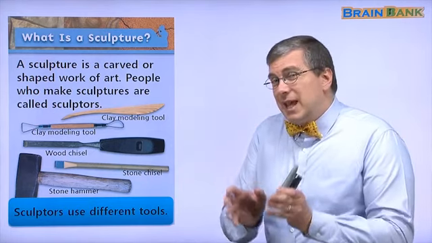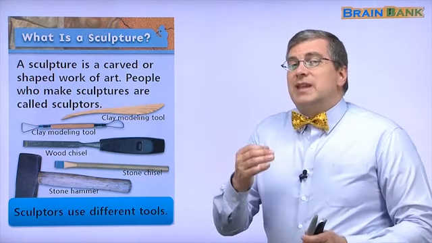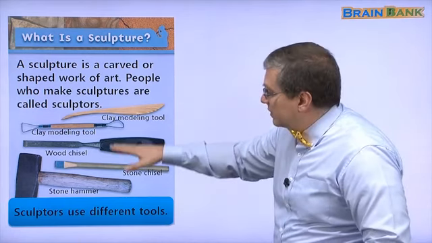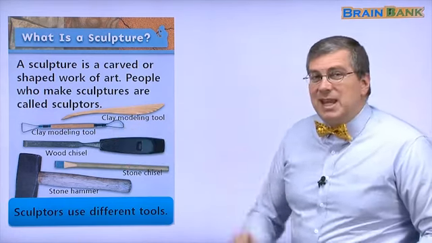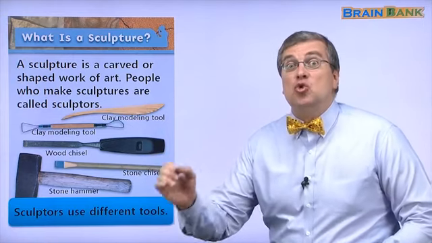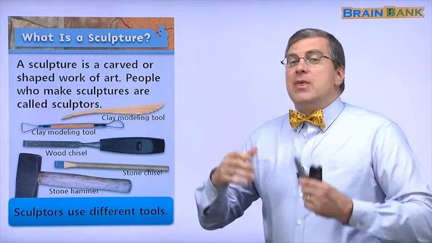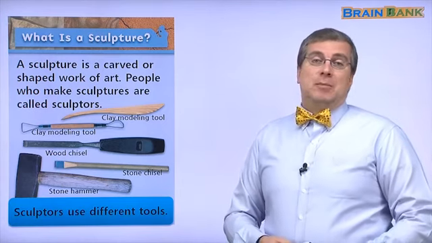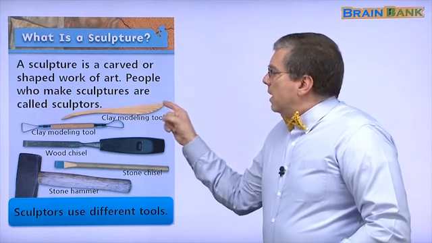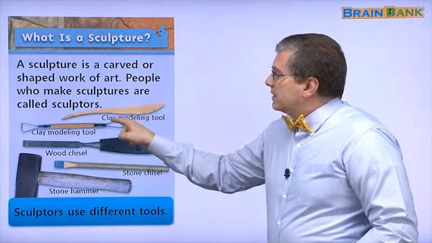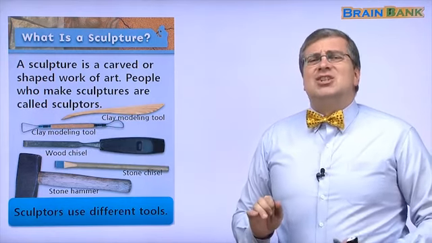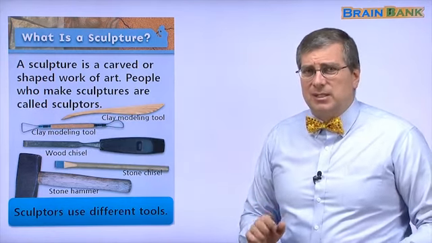Did he use his hands? No. We said he was using a tool. In the bottom of this picture, we can see many different kinds of tools. These are used to make sculptures. In the first two, it says clay. Clay is jinhook, right?